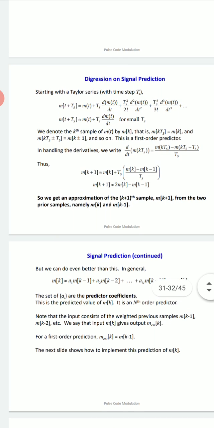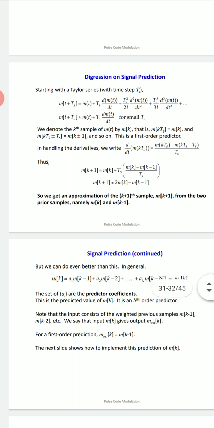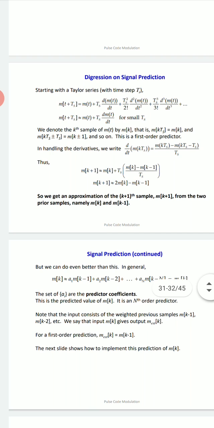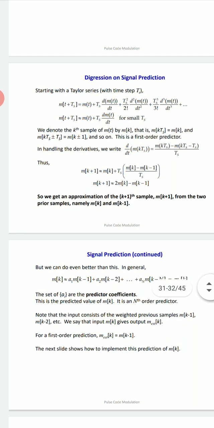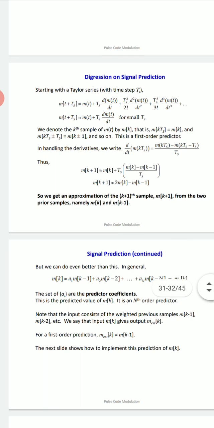So we get an approximation of the k plus 1 sample. We get the sample M of k plus 1 from the two prior samples, M of k and its adjacent M of k minus 1. So here we are doing the prediction, and we can do even better than this.